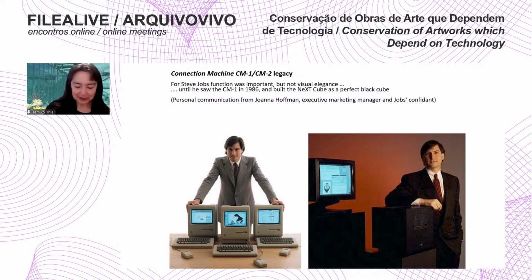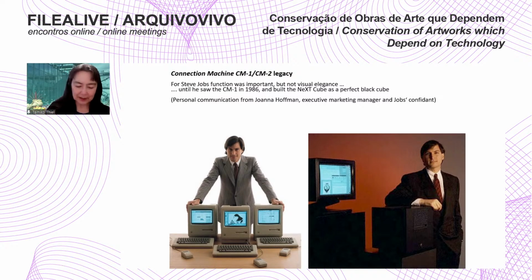But when I was talking to MoMA about this, I said, look at what he did then with the NeXT cube. It's a perfect black square, a perfect black box. And look at his visual design sense before. The Macintosh was cute and cuddly and friendly maybe, but look at what he did from the NeXT cube on. It was visually sublime.